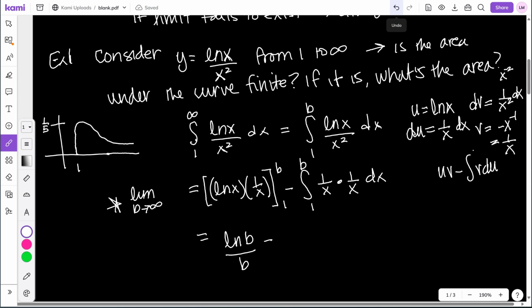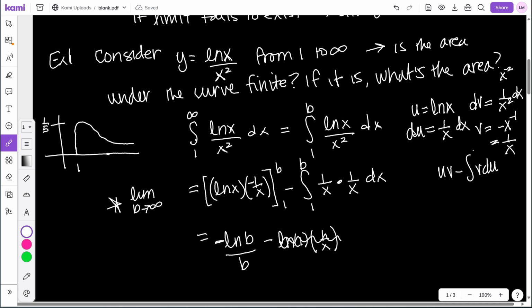Minus the natural log of 1 times 1 over 1. All right, so that's just going to be 0, right? The natural log of 1 is 0, so that's out. Oh, I missed the negative sign here, sorry. Okay, so we're done with that. All right, so that's evaluating that first one.